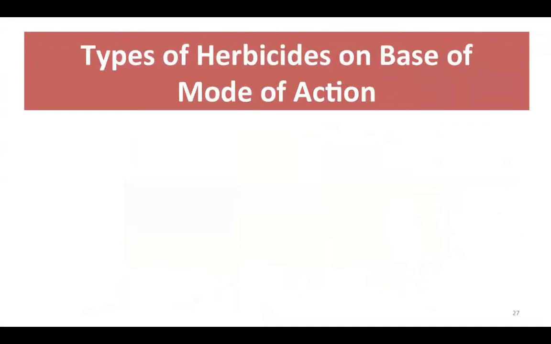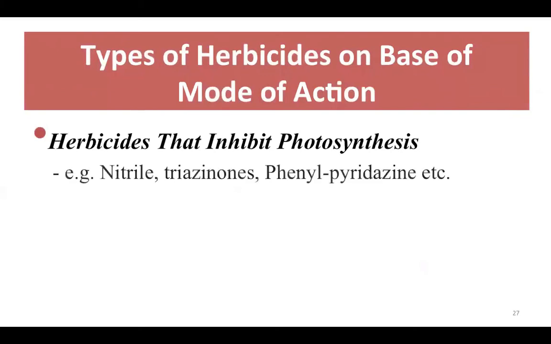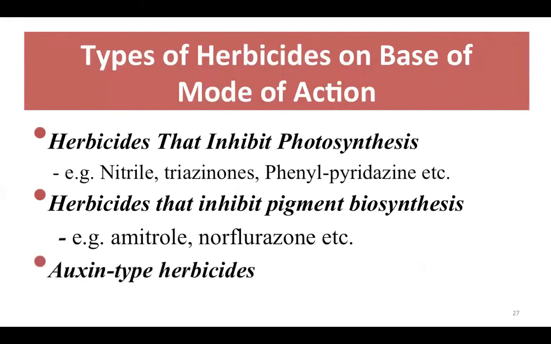There are many types of herbicides on the basis of their mode of action. Herbicides that inhibit photosynthesis, like nitriles, triazinones, etc. Herbicides that inhibit pigment biosynthesis, for example amitrole and many others. Auxin-type herbicides, for example 2,4-D.